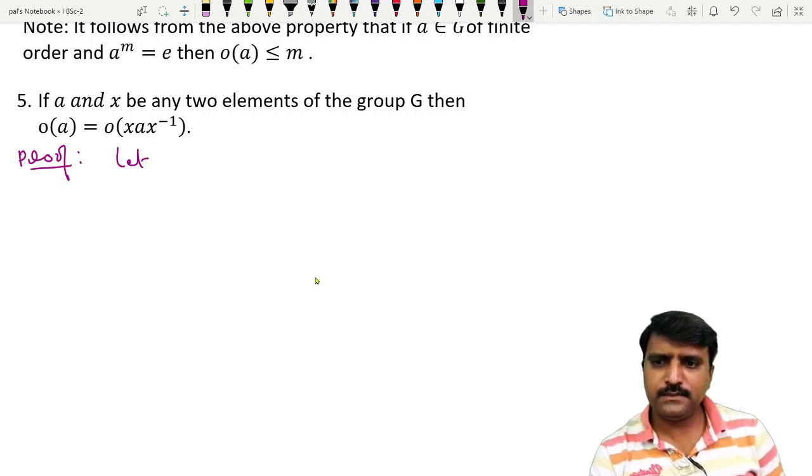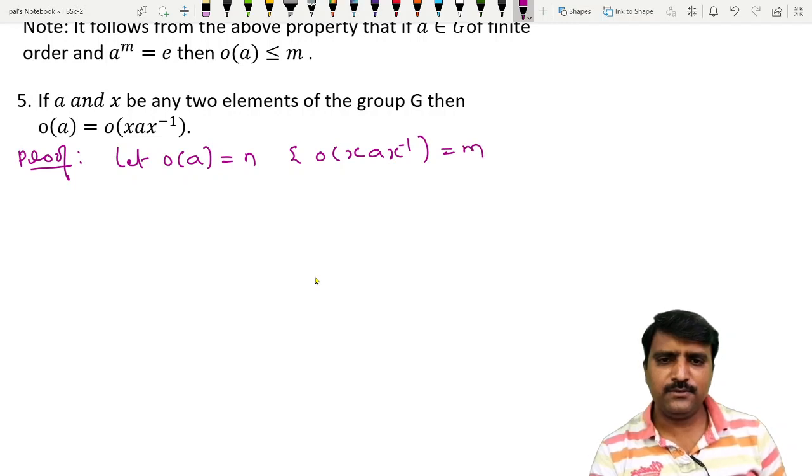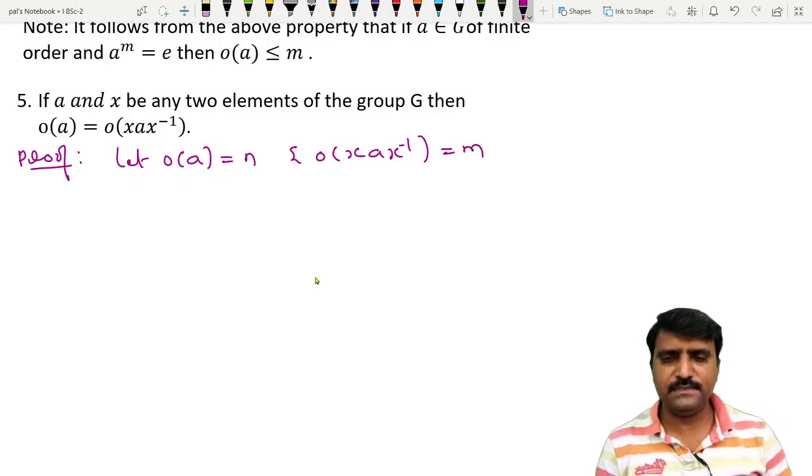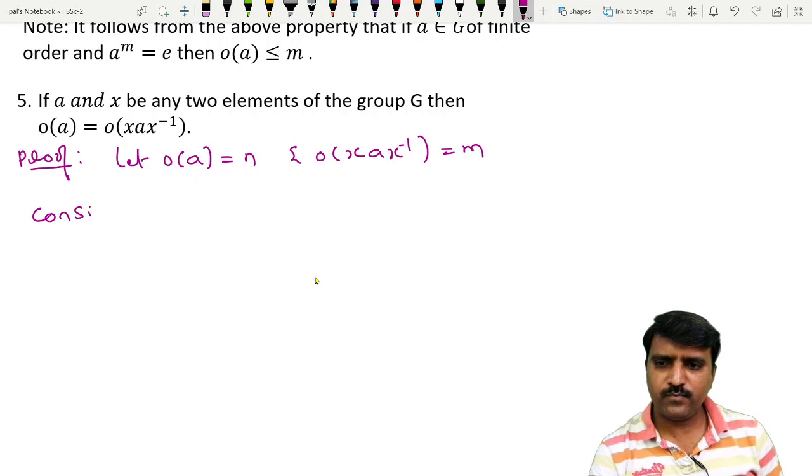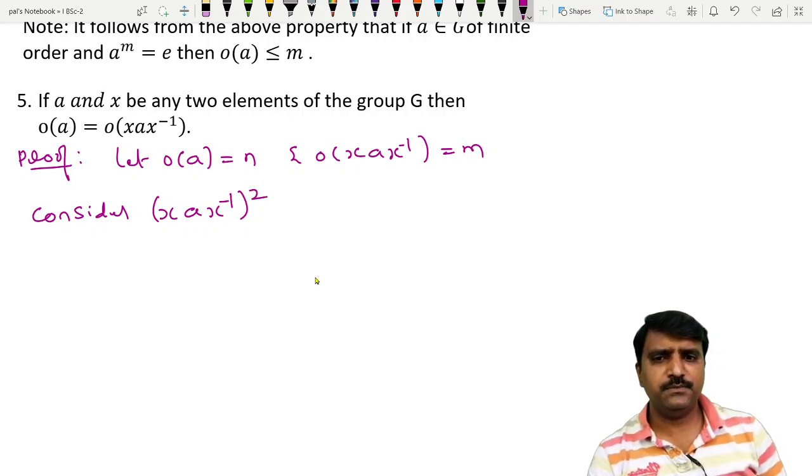Let order of a be equal to n and order of x a x inverse be equal to m. So now you consider x a x inverse, and you take it to the power n; initially you take x a x inverse to the power 2.